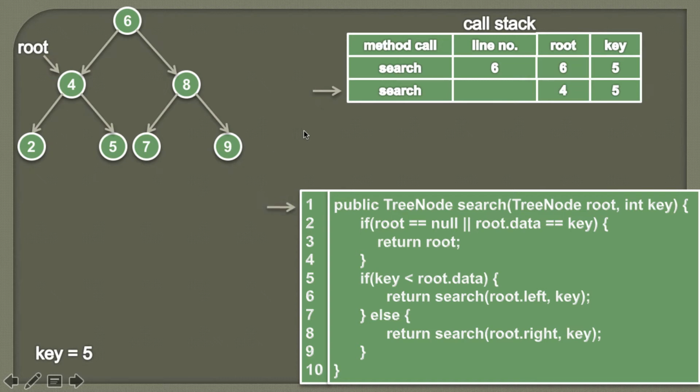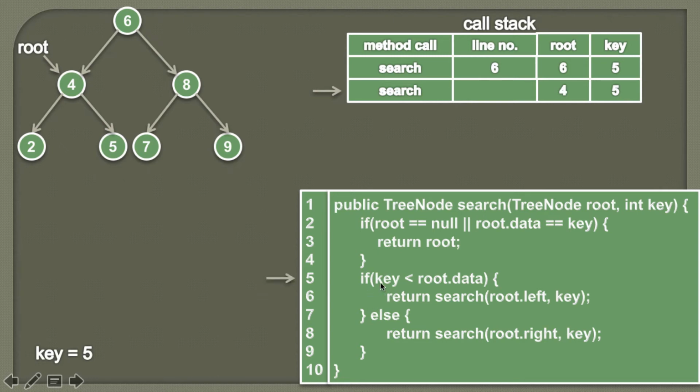Moving ahead, we'll again check whether root is equal to null or not. So here you can see root is not equal to null because root is referring to a node having value 4. We'll also check whether root.data is equal to key or not. So here you can see root.data, which has value 4, is not equal to key, which is 5. Therefore the condition in the if block comes out to be false.